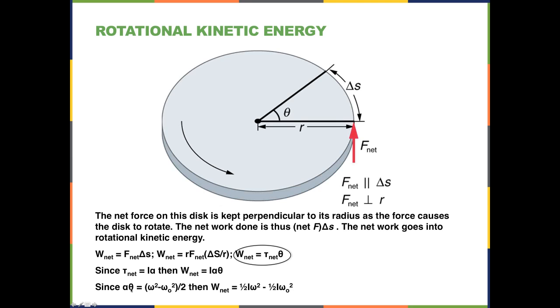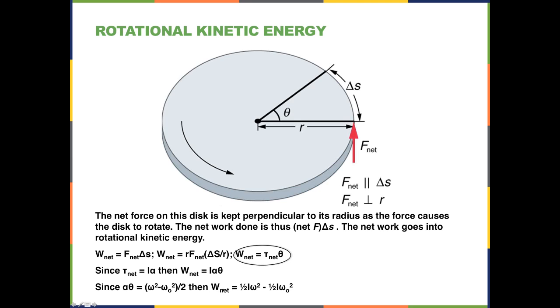And alpha theta, from a previous equation that we had in the translational equations, where omega squared is equal to omega naught squared plus 2 alpha theta, if you rearrange that equation, you get this, and you can substitute this in here.